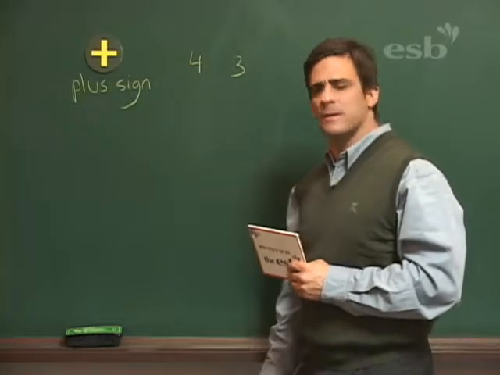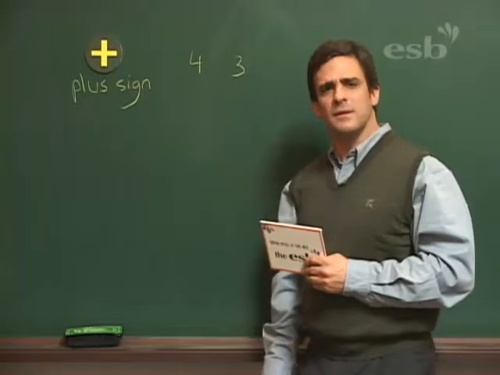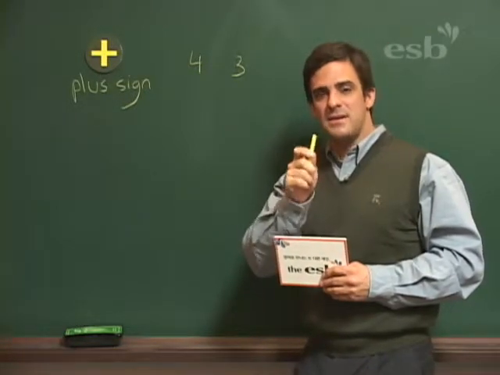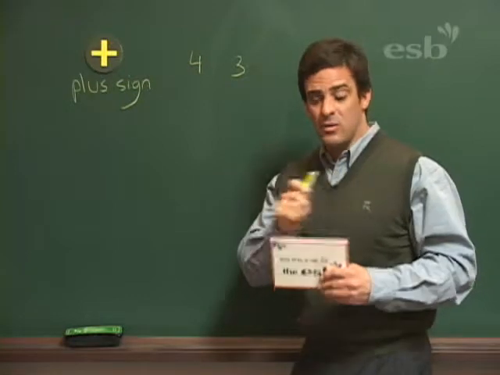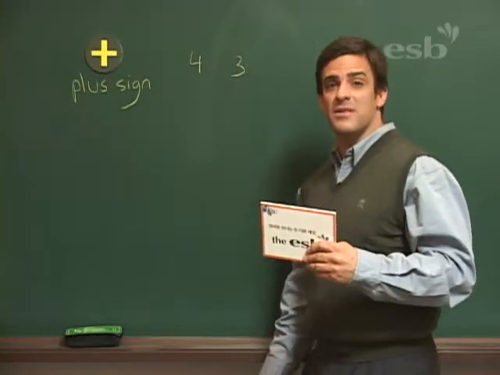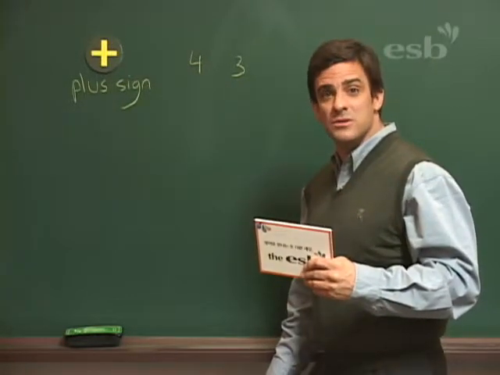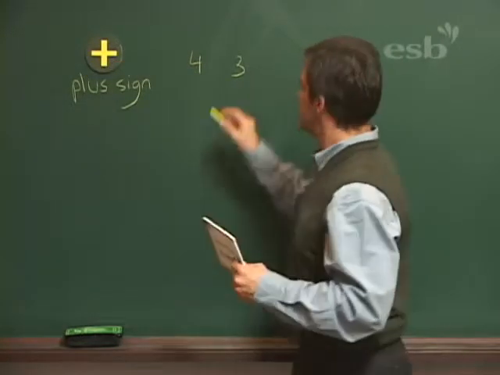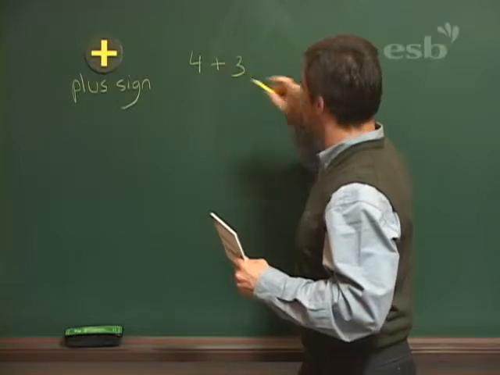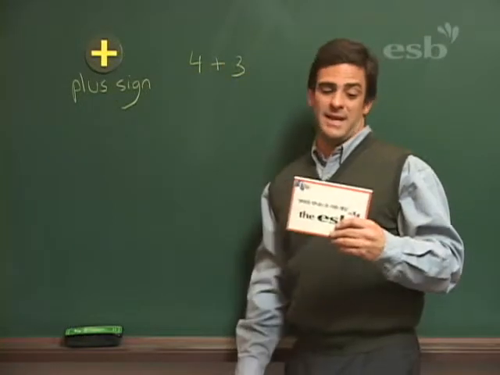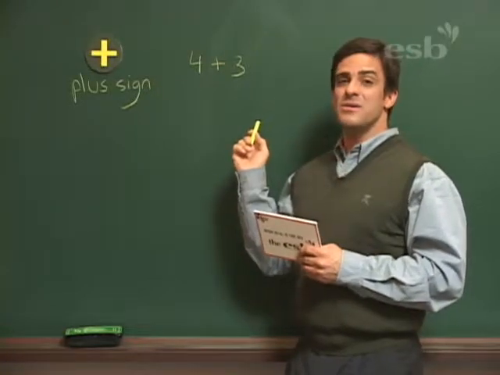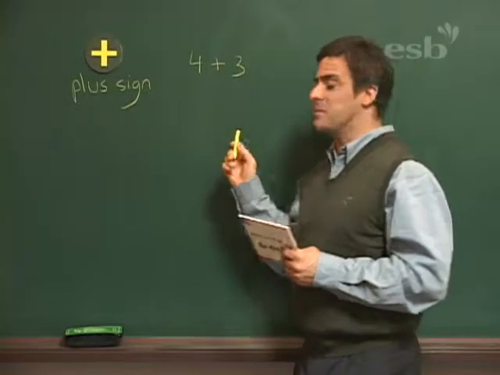What's missing here? We want to add numbers together. What do we use? That's right. We use a plus sign. The plus sign tells you to add. Now, we can add the two numbers.